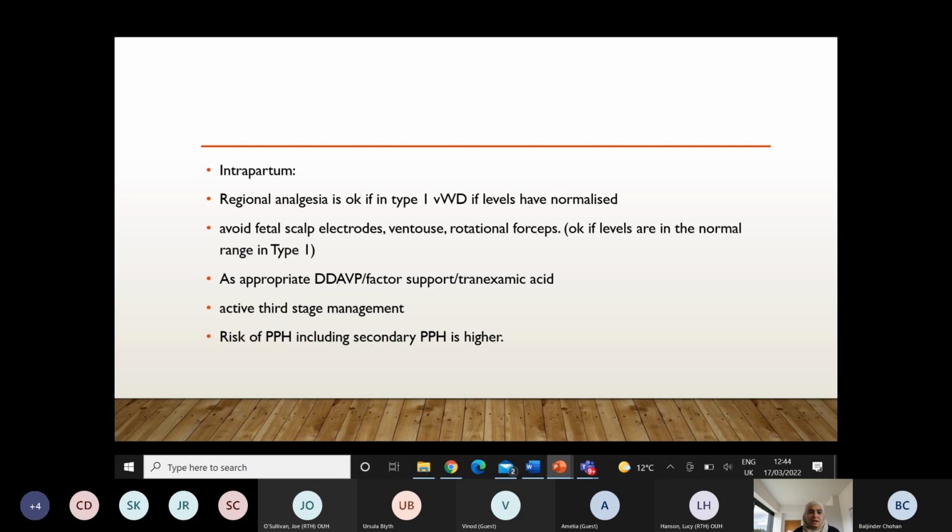But the reason I remember her is that she started having some neurological symptoms, and then we did her U&Es, and she had hyponatremia of about 121 and required ITU admission. That is one of the side effects of desmopressin, which probably we overlooked. So that's why I will remember that case forever. That is what we have to remember.